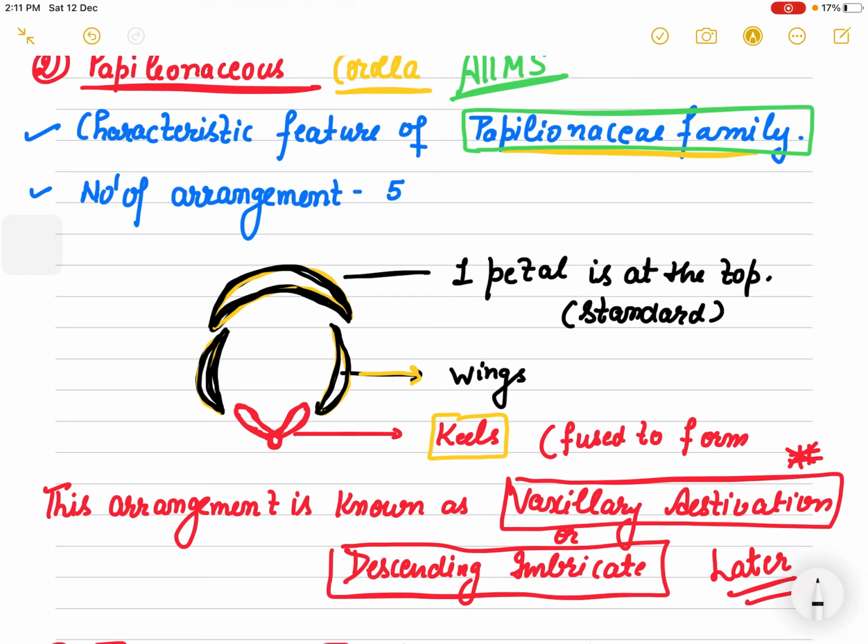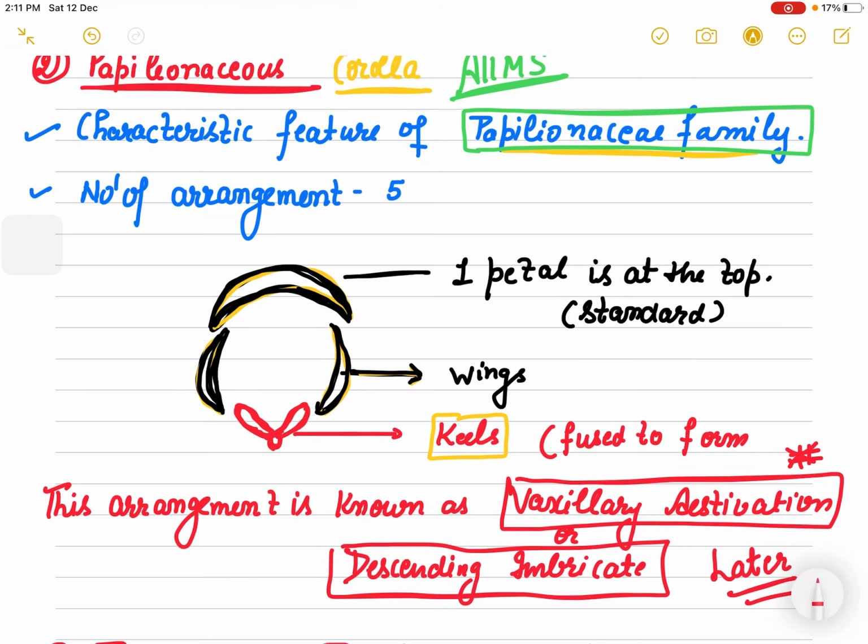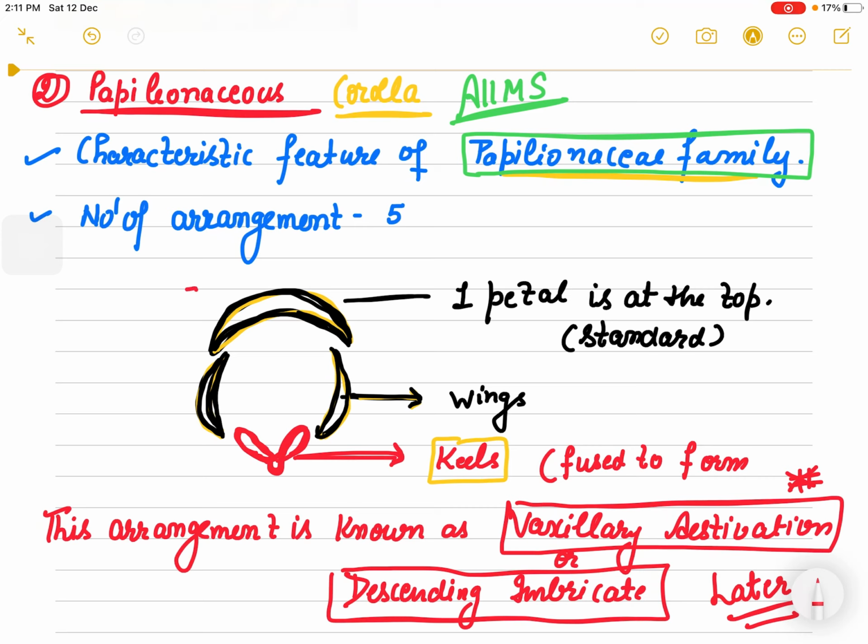These are known as wings, and at the end there are fused petals, which are known as keels. They fuse to form keels, right? So one petal is at the top, which is the standard, and it is this type of arrangement.